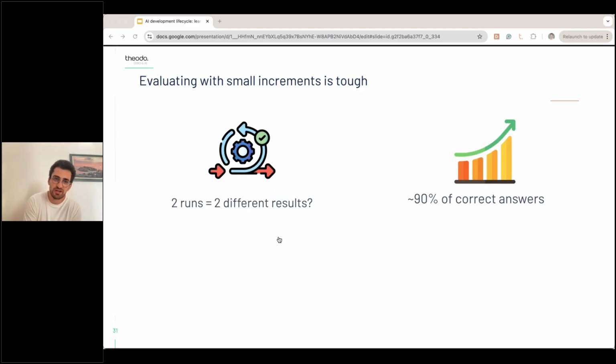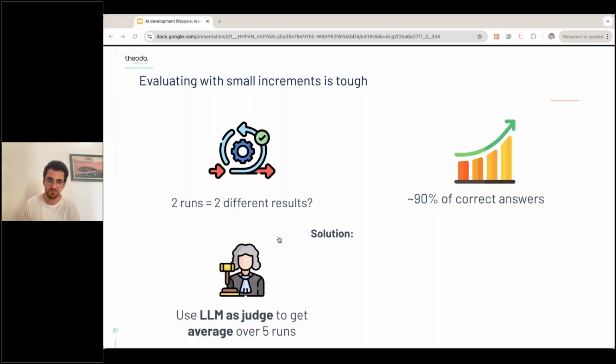But when you reach around 90% of correct answers, you usually work with small increments. You want to improve your pipeline percent by percent, and 1% of improvement is within the uncertainty bias. So it's very hard to know, when you have 90% and then on the next iteration 91%, is it due to an actual improvement, or is it just bias due to the non-determinism of the LLM?